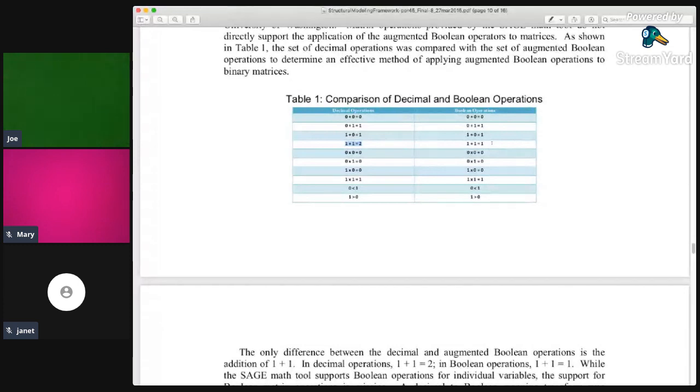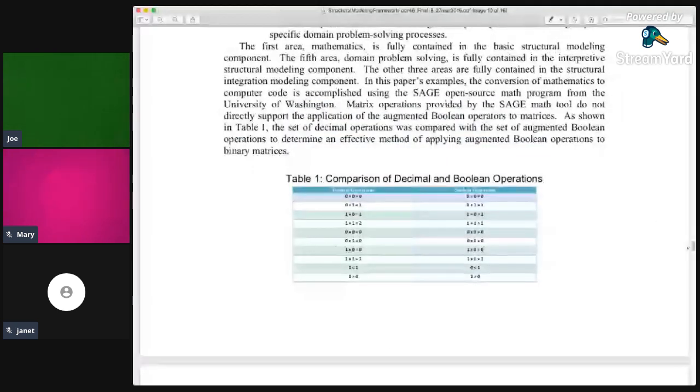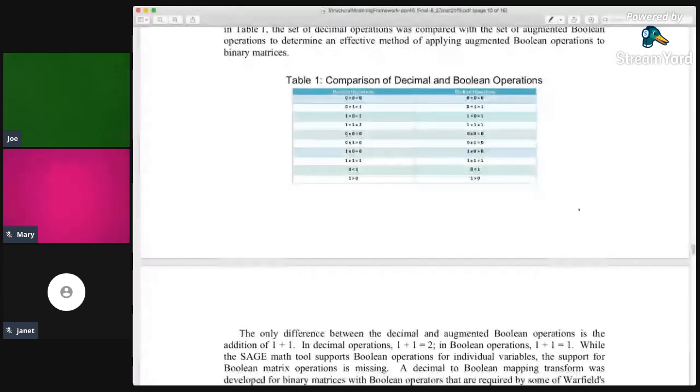So instead of going through and writing a set of mathematical operators and matrix operators to address the augmented Boolean operations, I came up with an approach that just uses decimal operations, but any number that's greater than 1 is then assigned back to 1.